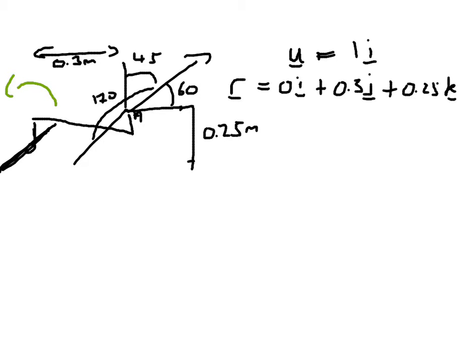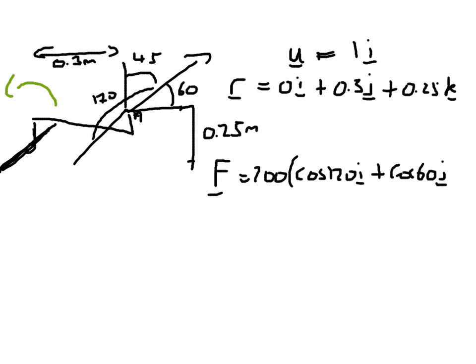And our force is going to equal 200, and then it's the alpha, beta and gamma angles, so we can say cosine 120i plus cosine 60j plus cosine 45k.